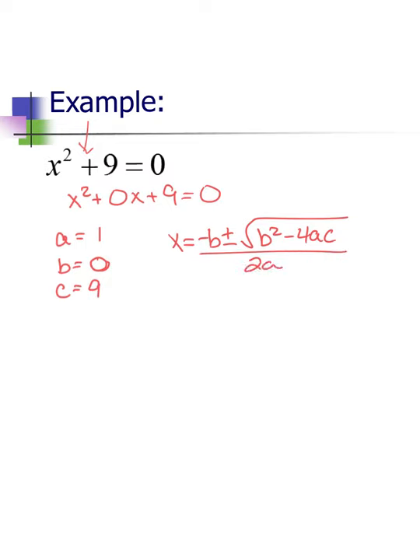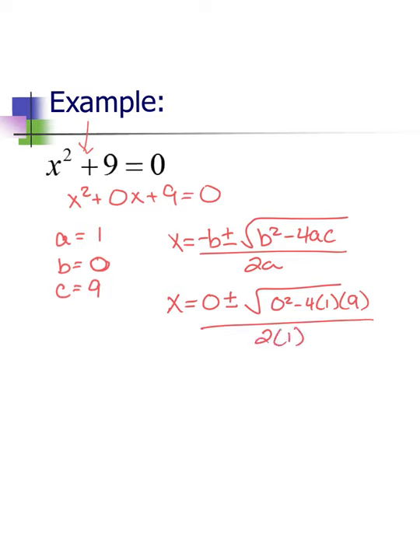We're going to plug in our values. Now we have 0 plus or minus. Again, for those of you that hate thinking and doing math, you can cheat and type that in your calculator. Without the radical sign, you're going to get negative 36 over 2.